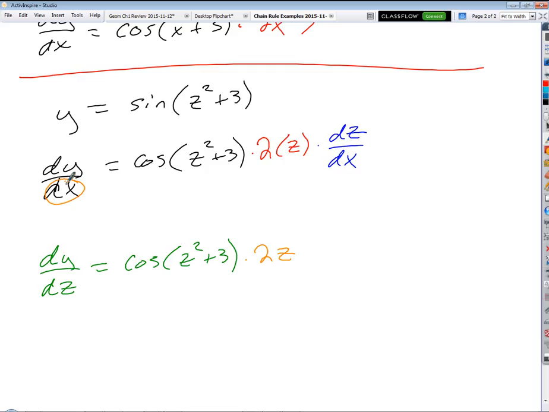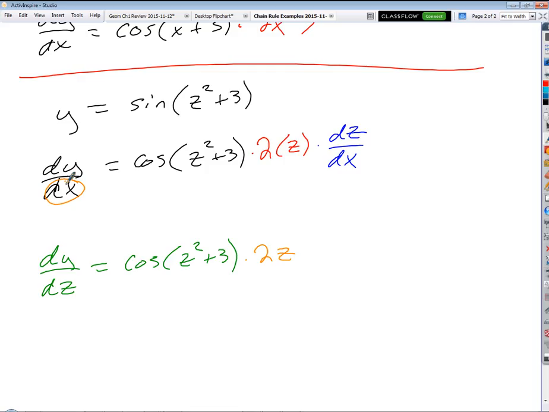Next layer, I've got z squared plus 3. Well, the rate of change of z squared plus 3 with respect to z is 2z, right? There's nothing else for me to do because the next layer would be dz, which is 1. Z is not changing with respect to itself, is it? Right?